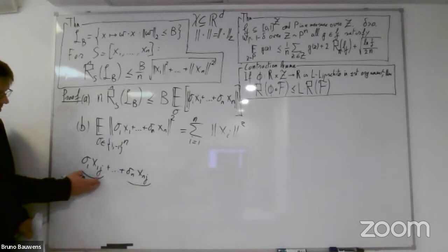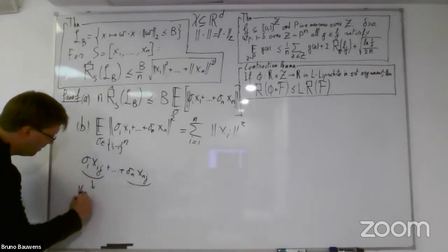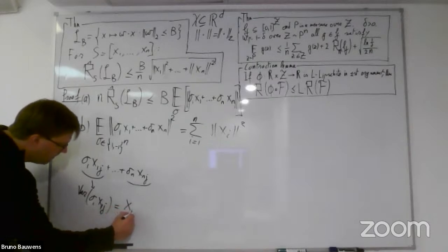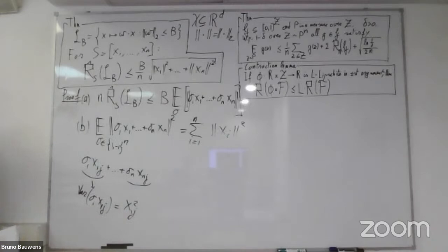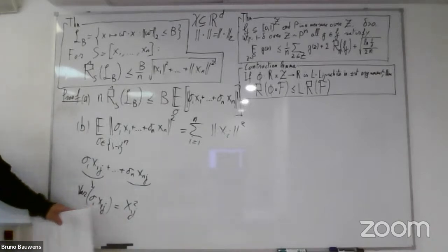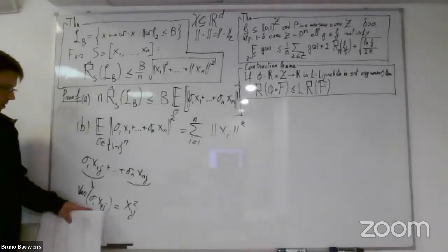So the variance is the variance of sigma 1 x1j. It's very easy to know because x1j is just a constant. And the variance of sigma 1 is just 1, because expected value is 0 and it's either 1 or minus 1.